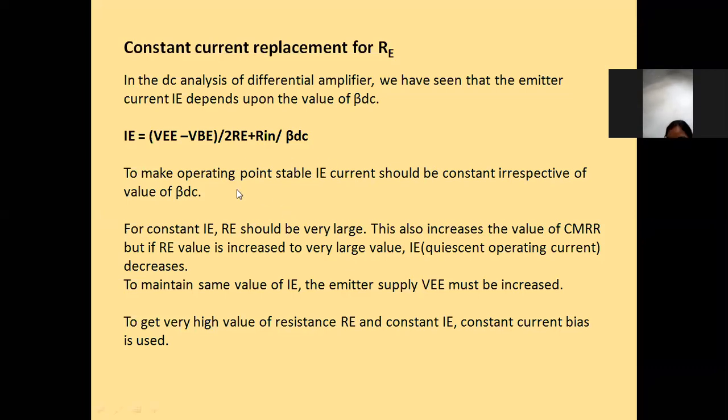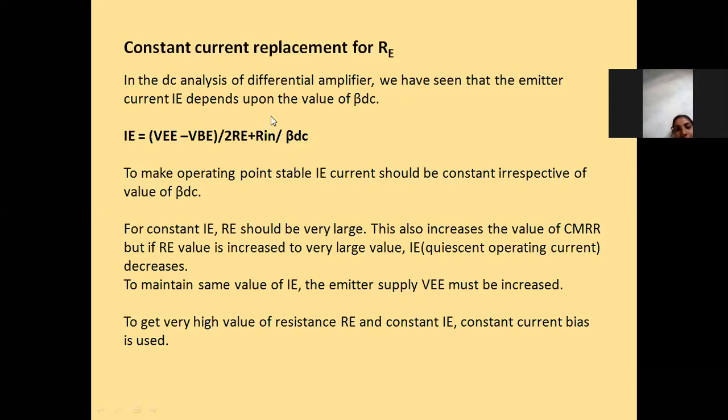So for that reason, we can write it as IE is equal to VEE minus VBE. So now going to your previous class where we have discussed what is VEE, what is VBE. So this VBE is voltage applied between base and emitter, whereas VEE is voltage applied between emitter and emitter, divided by 2RE plus RIN.